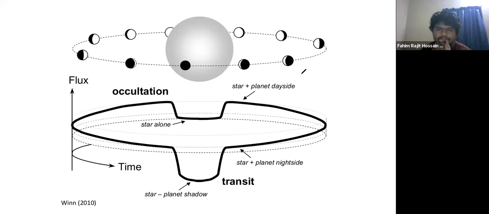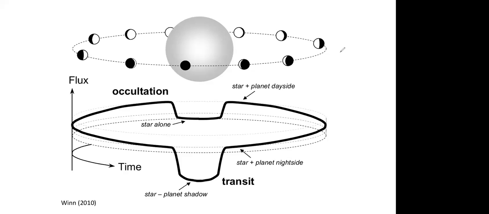Any suggestions? Rocky planets, Jupiter-sized planets? What would be the most favorable planet to look for? I guess it depends on the method, but here we're talking about the transit method.